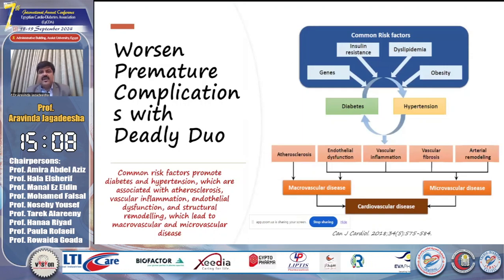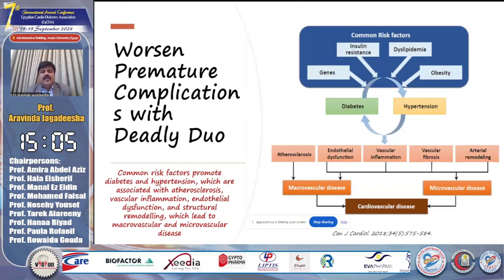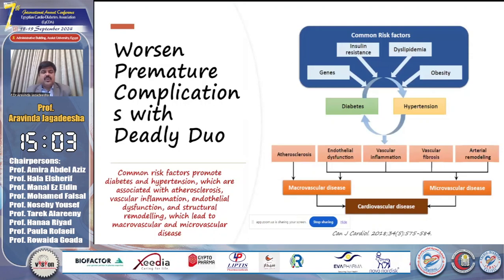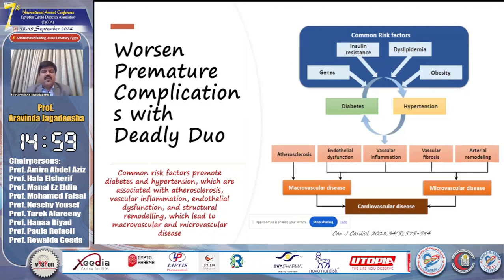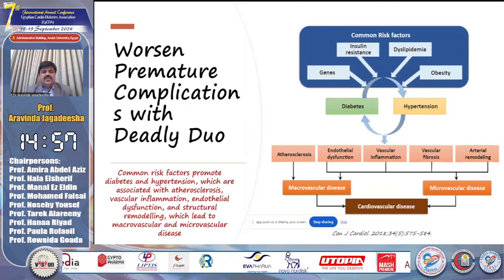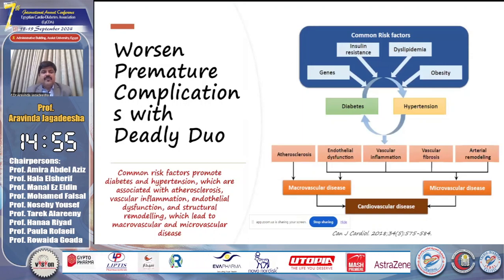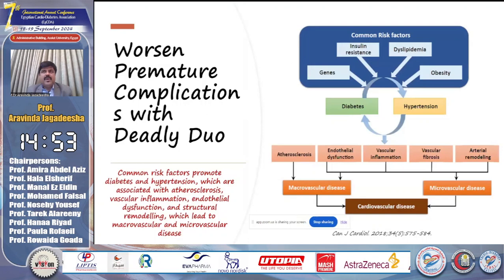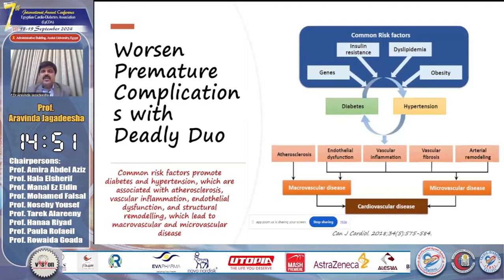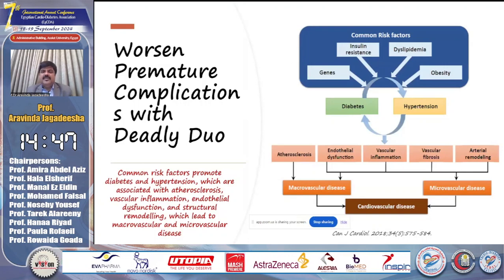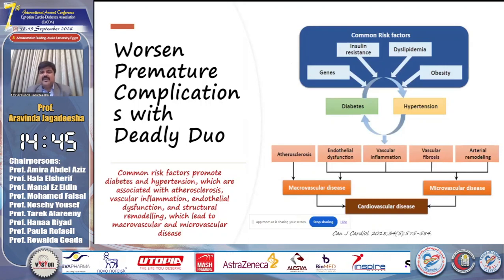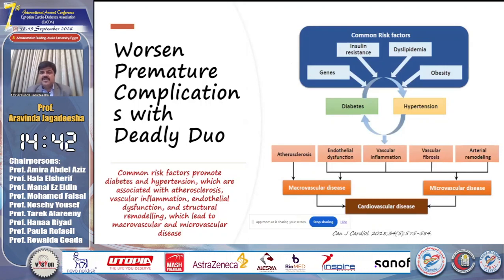The common risk factors promote diabetes and hypertension, which are associated with atherosclerosis, vascular inflammation, endothelial dysfunction, and structural remodeling, which lead to macro and microvascular disease. The common risk factors, that is insulin resistance, dyslipidemia, genes, and obesity, lead to diabetes and hypertension.